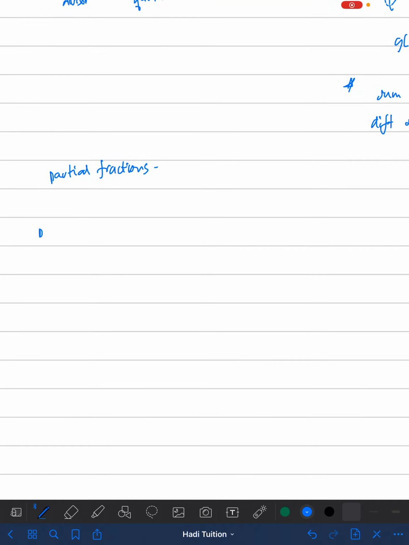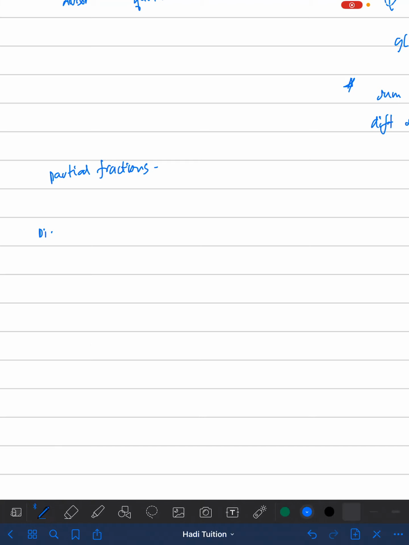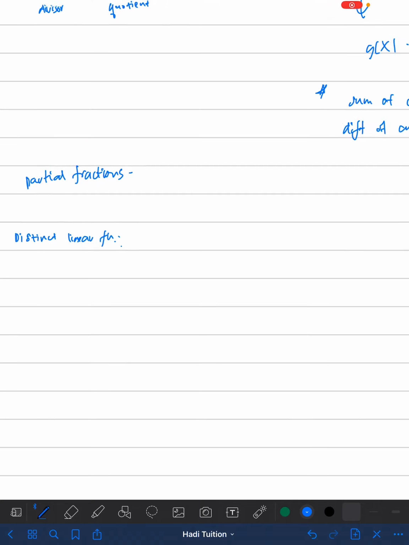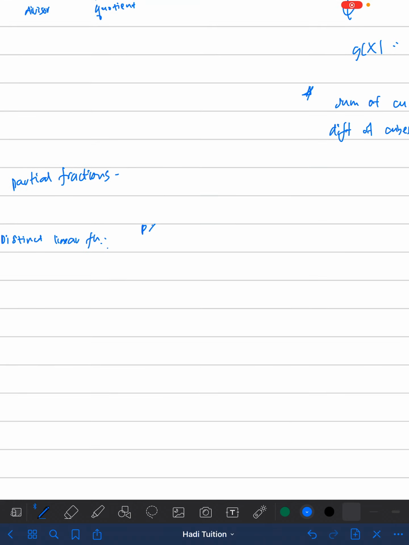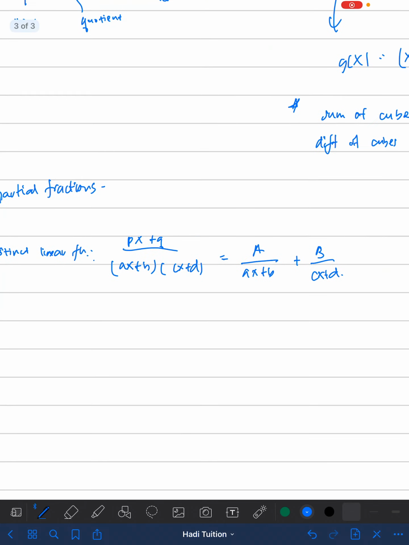It's either a distinct linear function, where the fraction has two factors, ax plus b and cx plus d. This is given by A over ax plus b plus B over cx plus d. Okay, this is the first form.